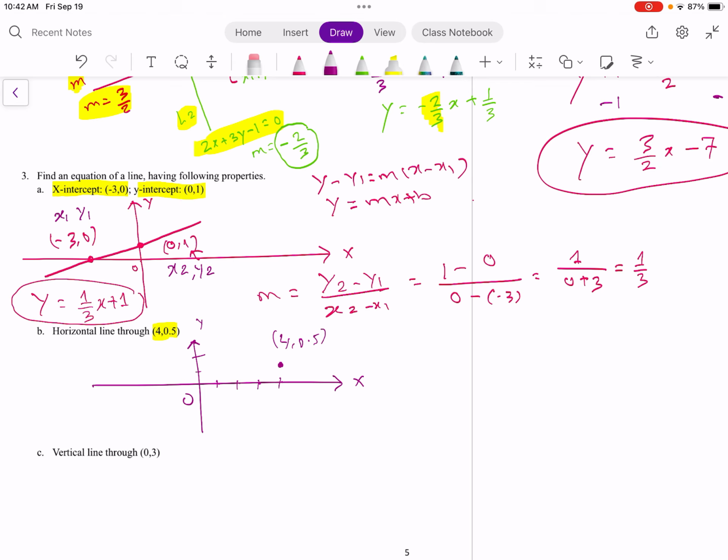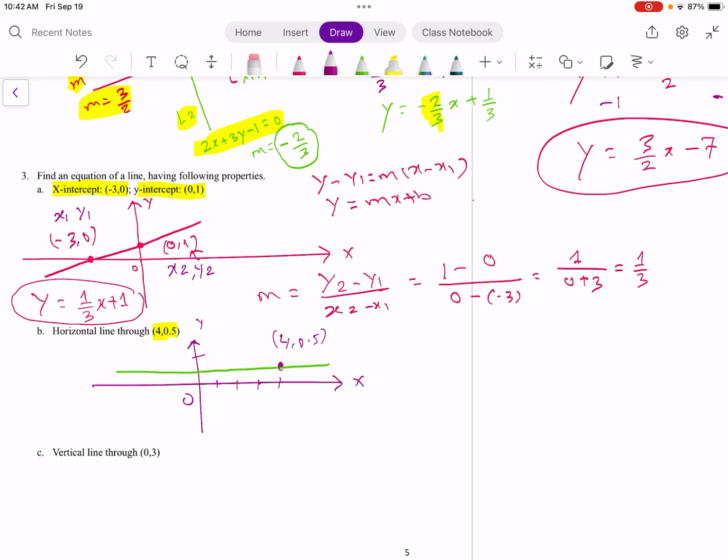A horizontal line means it has to be parallel to the x-axis, right? So let's draw a horizontal line parallel to the x-axis and passing through that point. So this is the horizontal line and we have to find the equation of this line. Now how do we find it?